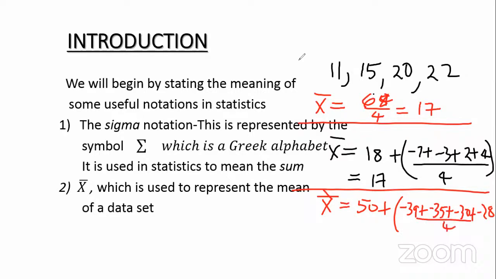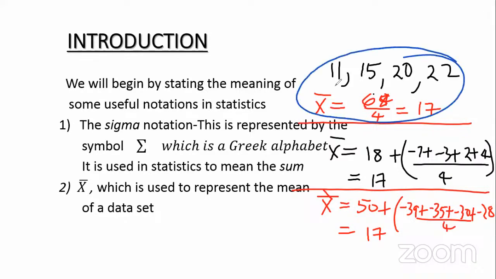Divide by 4. What is the final answer? Negative 33. 50 plus negative 33 is 17. The mean is 17.